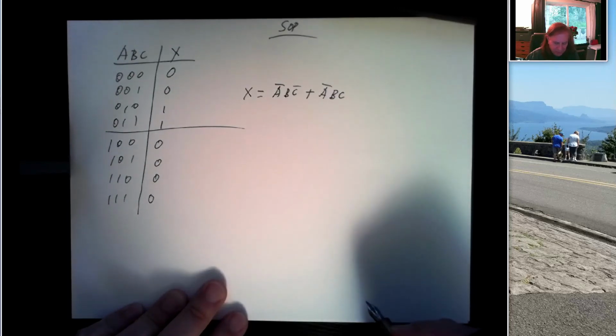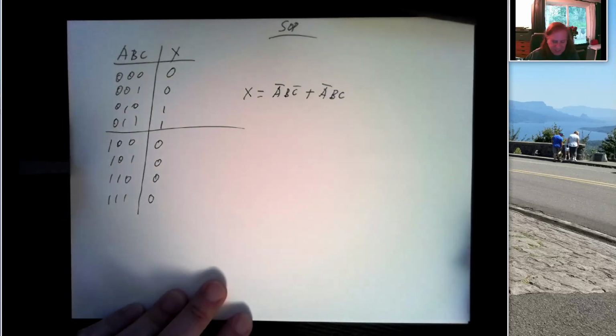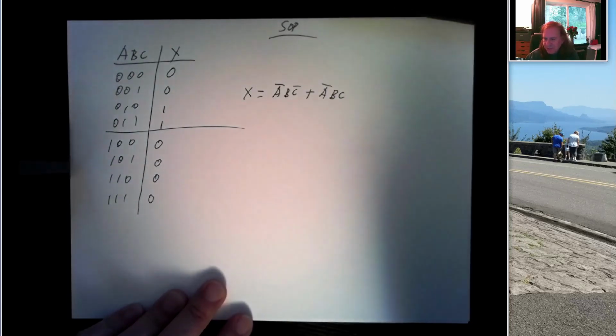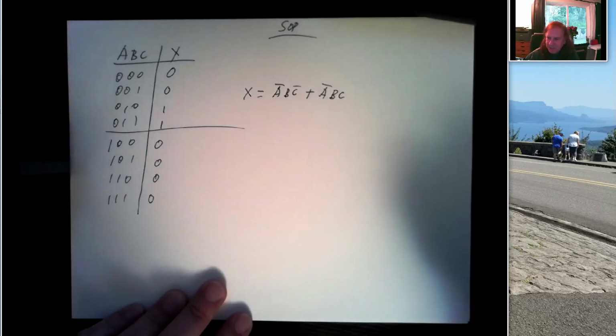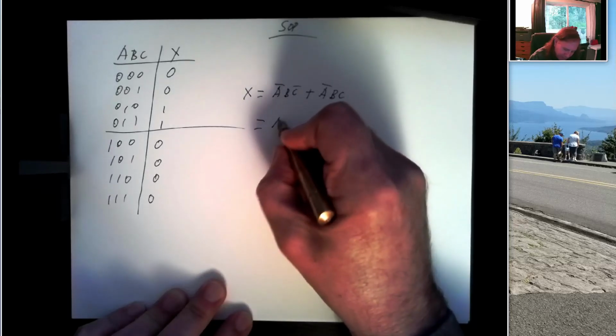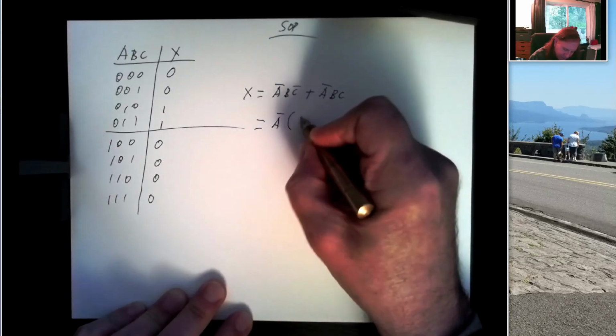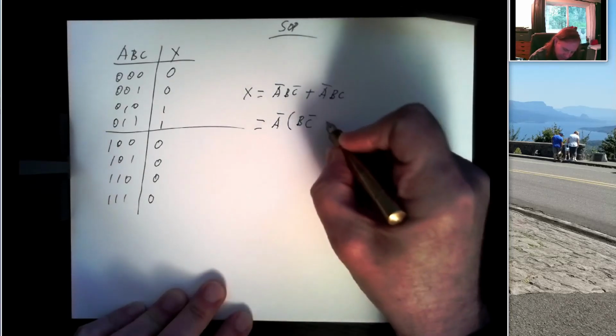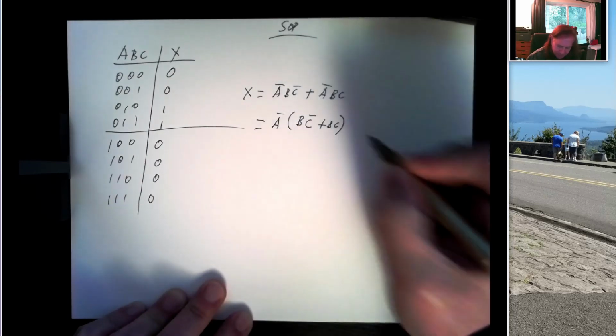Well, if we think back when we talked about identities, we saw that we could distribute a multiplication over an addition. We can reverse that and factor things out. We could rewrite this as A bar multiplied by BC bar or BC.